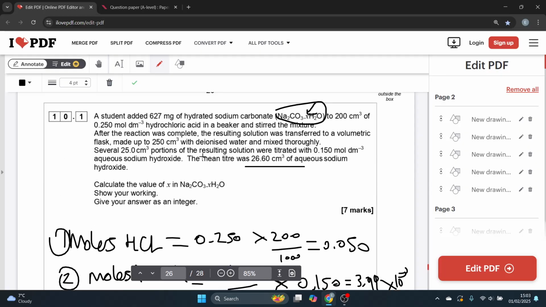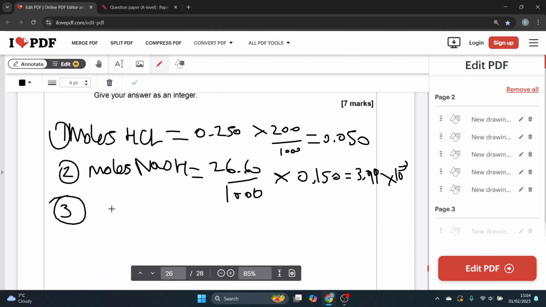And this is with 25 centimeters cubed. I want to make up to 250 centimeters cubed, so now I need to times that by 10, which gives me 3.99 times 10 to the power minus 2 moles.